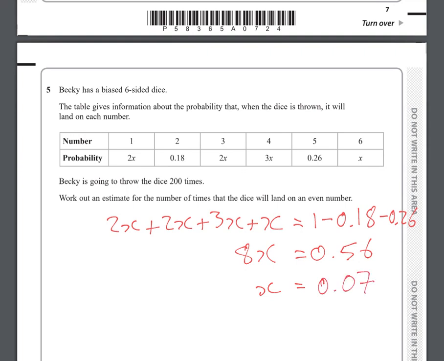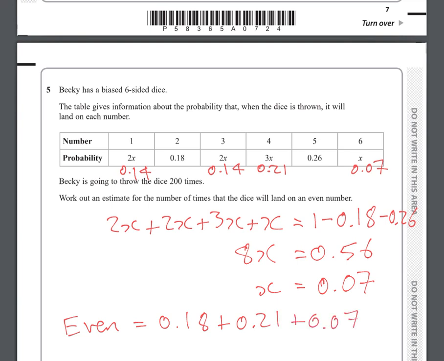So then this one is 0.14, 0.21, 0.07. So an even number is 0.18 plus 0.21 plus 0.07, which is 0.46.